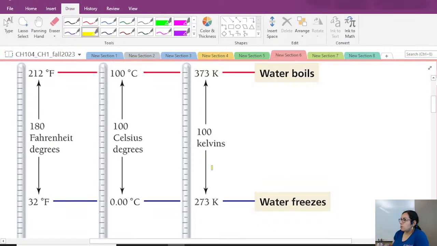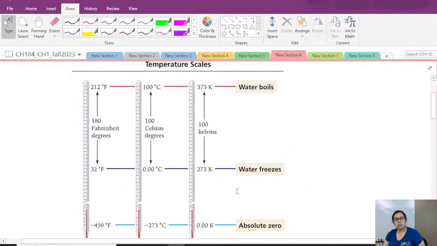So does anybody know what the Kelvin scale is based off of? I can give another hint too, because there's this little value here. What does that mean, absolute 0? Anybody know?